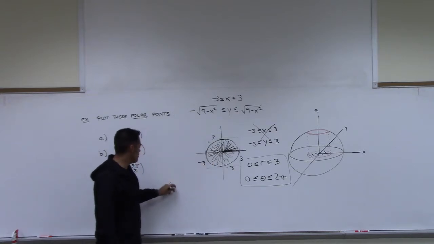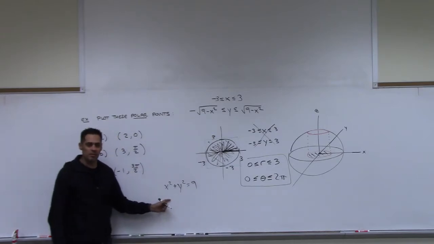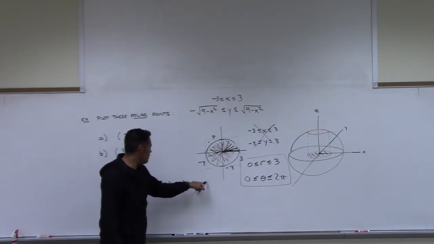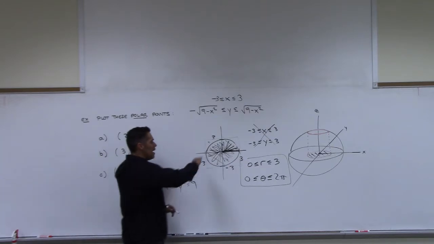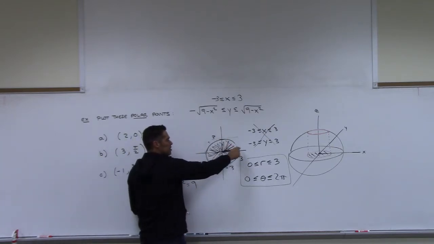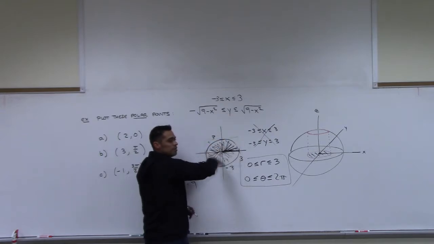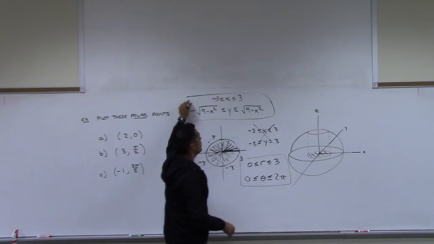The equation of that circle hopefully looks familiar because this is going to be on your final. It's x squared plus y squared equals 9. If you solve this for y, you'd subtract the x squared over and take the square root, and you'd have plus or minus. The positive part draws the upper part of the circle, and the negative part draws the bottom part, and you want your y's to be between those. So that would be the inequalities you would have to set up if you were in Cartesian.